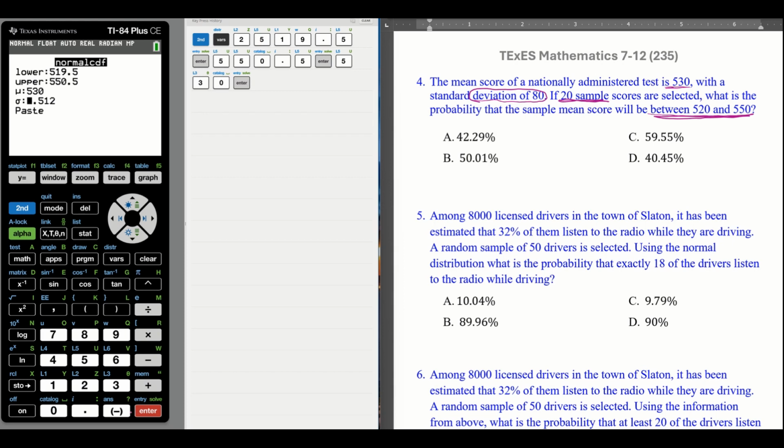So for our deviation, we have 80. So 80 divided by, and then underneath our square root, we put our 20, our sample size. Okay, enter, enter, enter again.